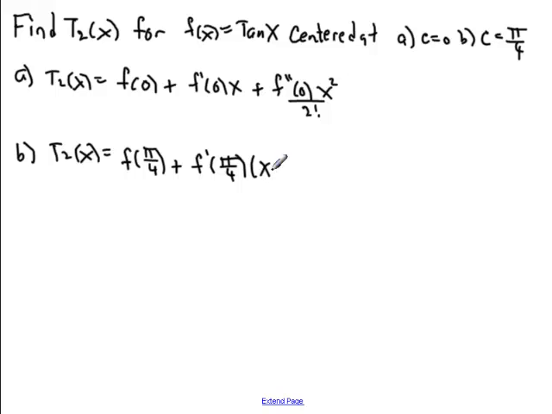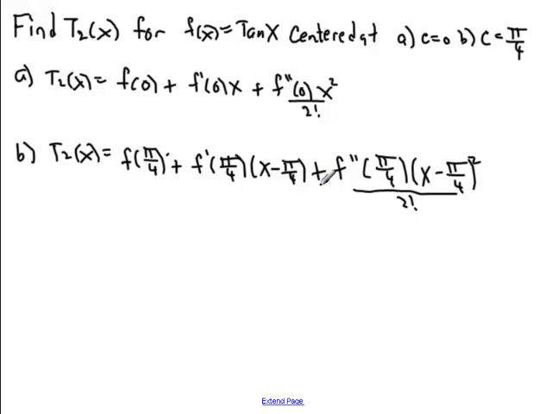But it's not x though, it's x minus pi over 4, and that's to the 1, just like we have x minus pi over 4 to the 0 here, really. Plus f double prime at pi over 4, x minus pi over 4 squared, and again that's over 2 factorial, just as our second term here is over 1 factorial, and again over 0 factorial.